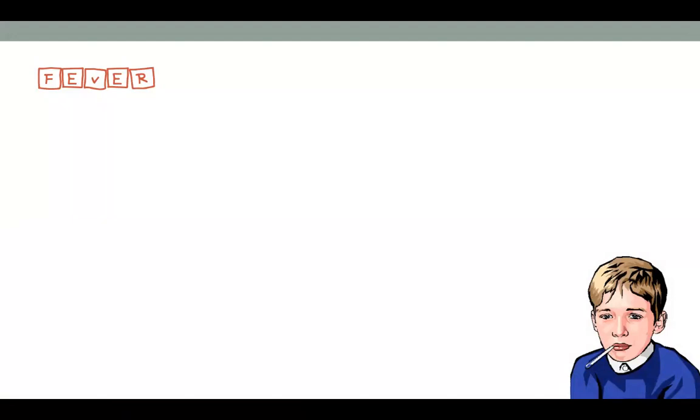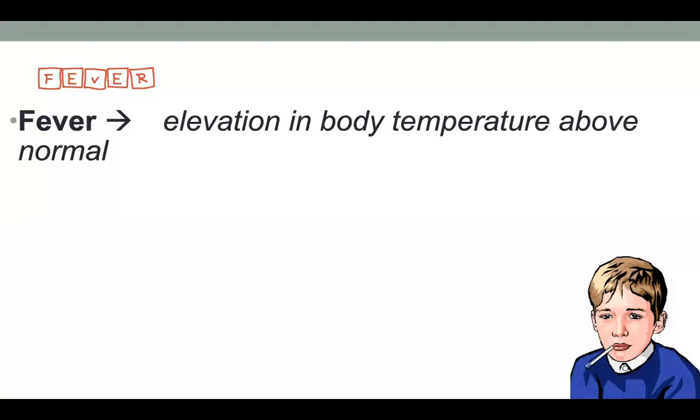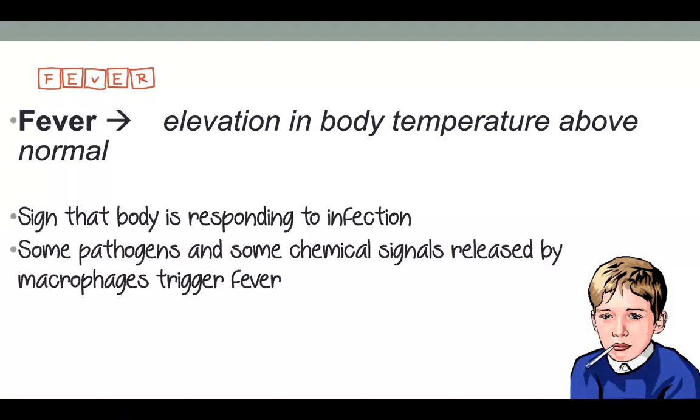All right, another way that your body has to defend against anything is a fever. Fever, obviously, is an elevation in body temperature that's above normal. This is a sign that your body is responding to an infection. Some pathogens and some chemical signals released by macrophages can trigger a fever. Now, you might ask yourself, why a fever?